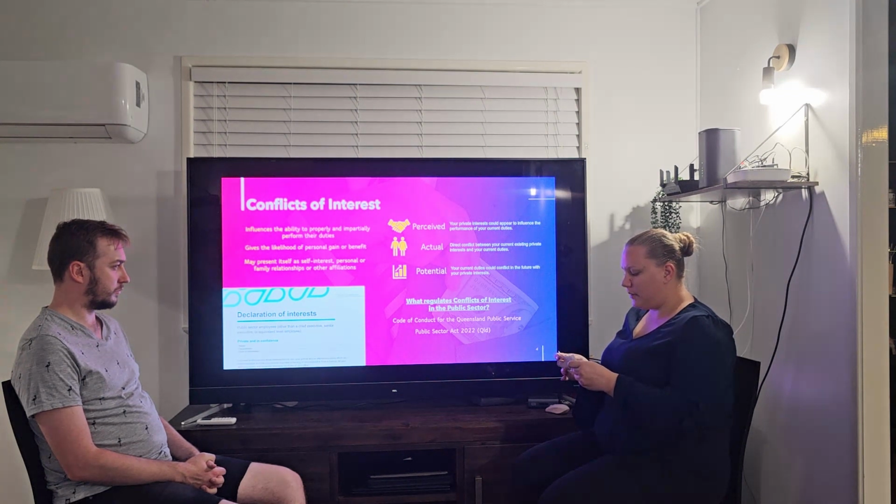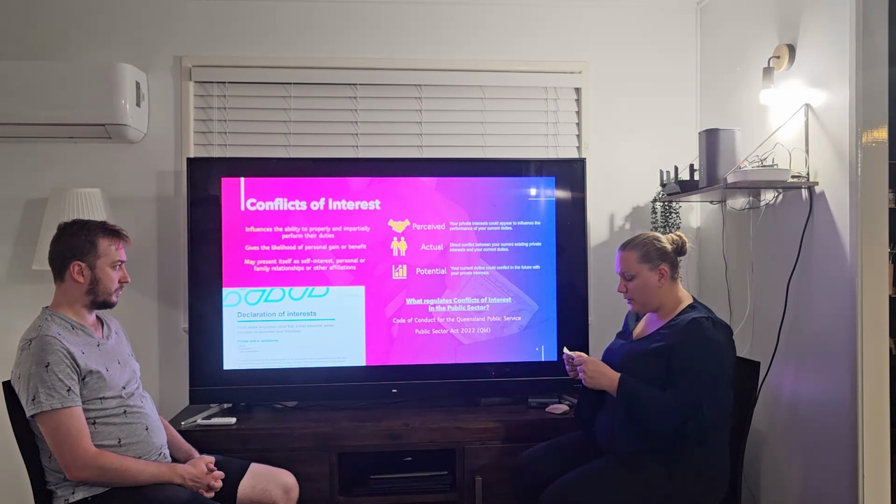Conflict of interest can be identified in a number of different ways, being seen as actual, perceived, or potential. Some examples of conflicts of interest can include being involved in the recruitment of a family member, which would mean you wouldn't be able to evaluate their suitability for the position without bias.